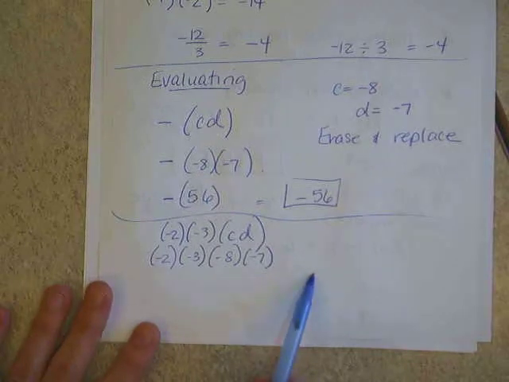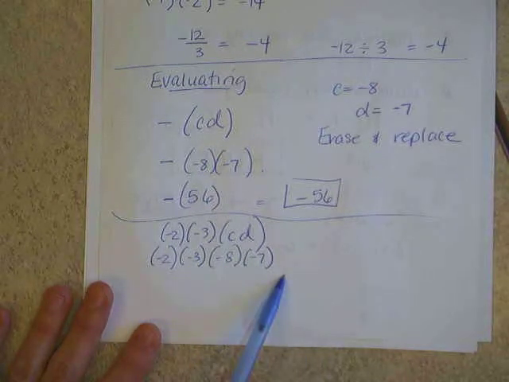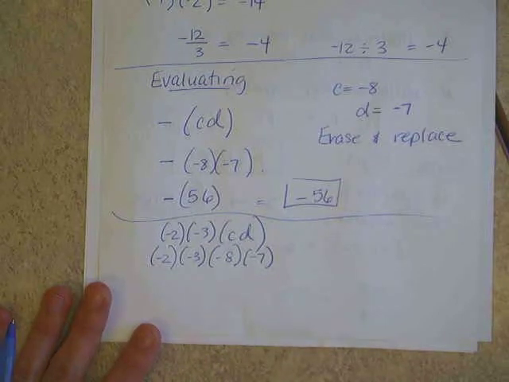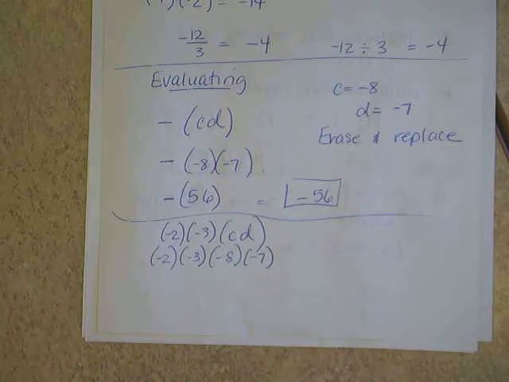If you count up your negatives, what should your final result be, positive or negative? Positive, because the pairs cancel each other out. So I know my answer is going to be positive, so all I really have to do is multiply 2 times 3 times 8 times 7.